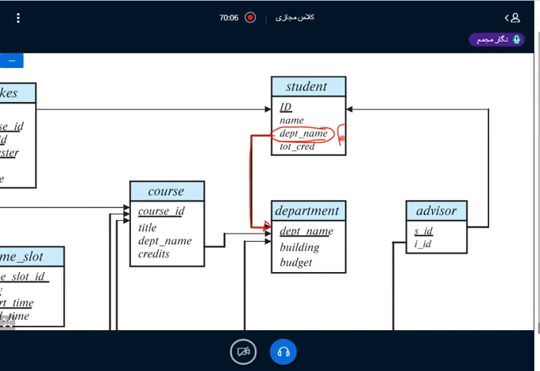We call this attribute a foreign key, but the attribute here is the primary key. Department name in table department is the primary key, but dept name in table student is a foreign key, because with this attribute I refer to another table.